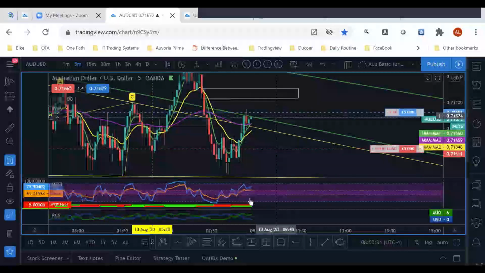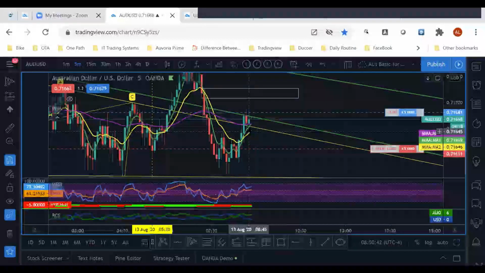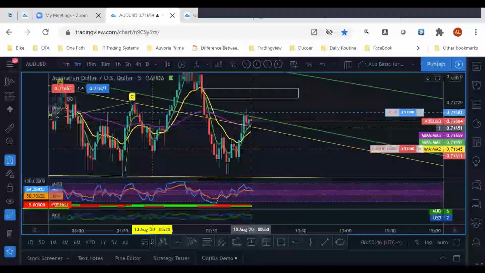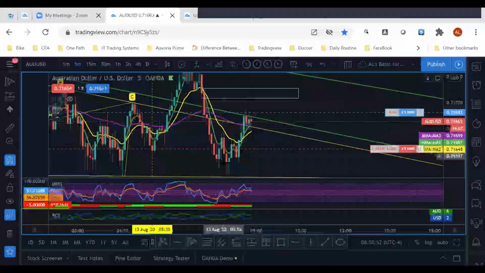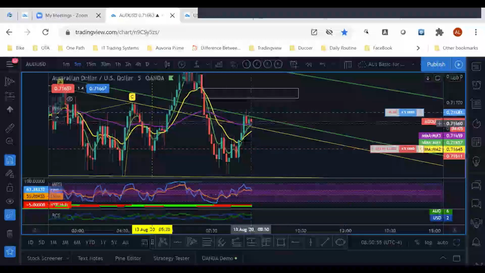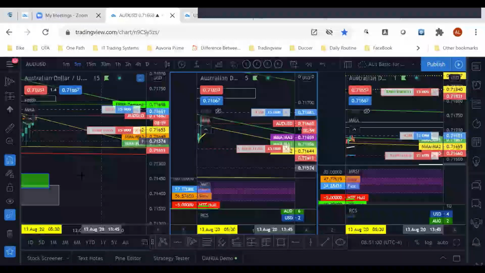As long as the Hulls stay green and it stays above, I'll see a pullback to this 13, especially on the 15. You'll see a pullback and just wick it, and then take off again. Those are oftentimes pullbacks. You may see an early one, especially when it first breaks out. You may see a challenge of this 13, especially on the 15-period chart.